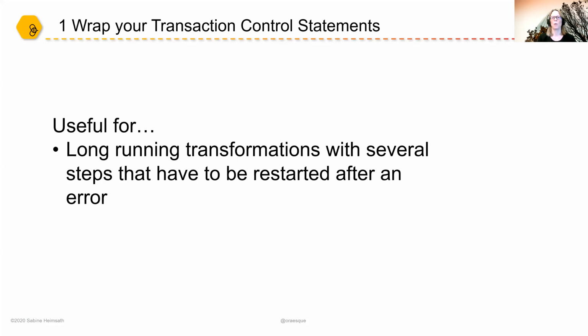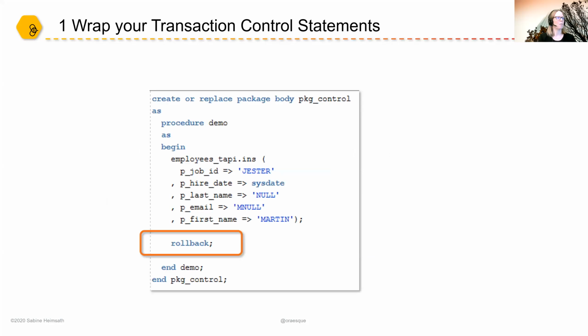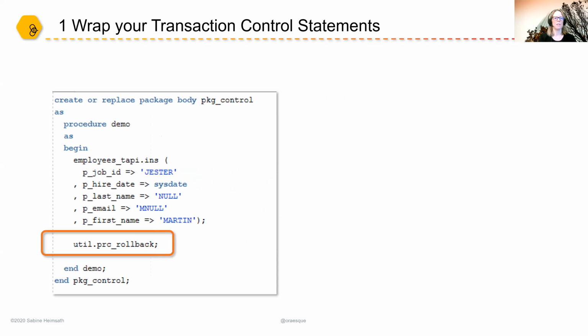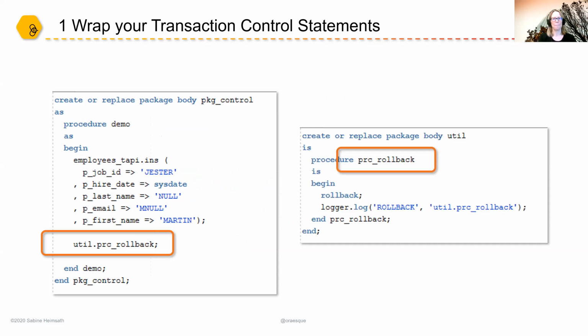Of course, when something went wrong, we didn't want everything to be rolled back, but we had to know which state the data was in and where we could restart the process. So, of course, it's useful to have some kind of logging. A plain rollback wouldn't appear in your log tables. So what we did was introduce a procedure called PRC_rollback, which didn't do much but roll back and log that it was rolling back.